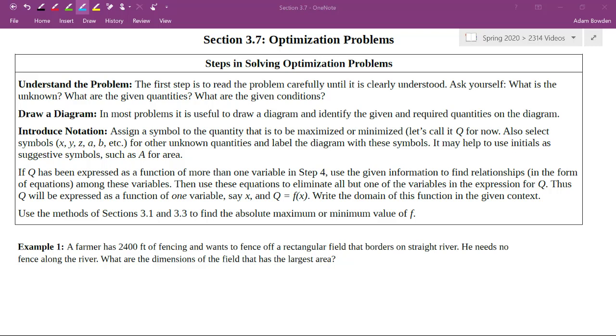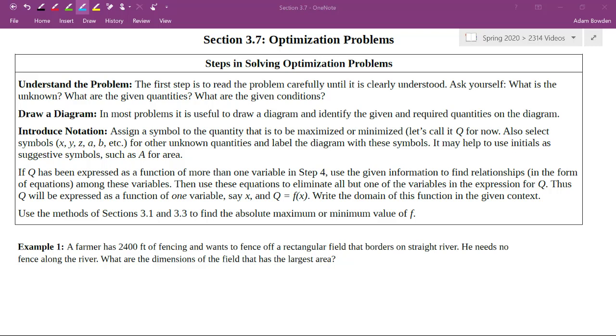First off, we want to make sure we understand what the unknowns are, what the quantities are which are given, and what the conditions are that these things are given under. Most of the time we're going to draw some sort of picture or diagram to help us put the quantities and unknowns together.